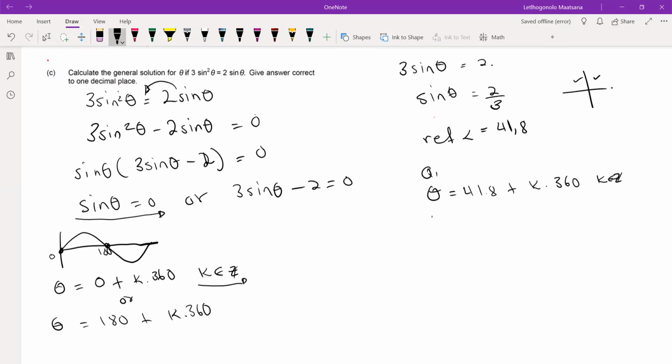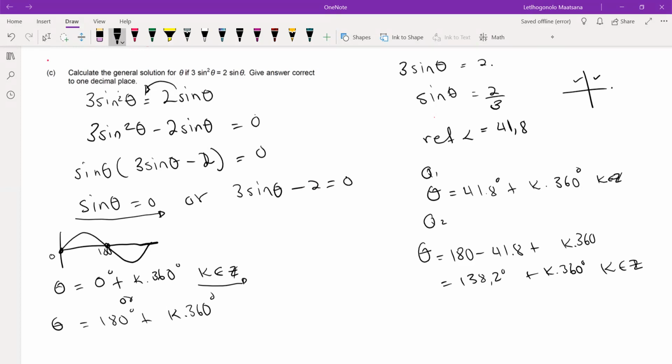And for our second quadrant, we'll say that theta is equal to 180 minus 41.8 plus k times 360, which will then give us 138.2 degrees plus k times 360 degrees, where k again is an element of all integers. Okay, just make sure we have our degrees there.